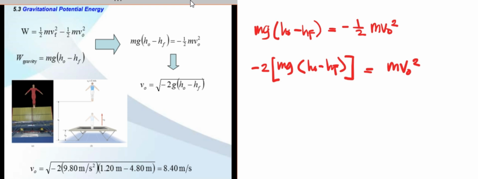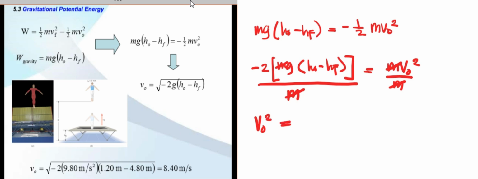So we need to divide this by m, divide this also by m, so the mass here will be cancelled. So what will remain in our equation is v sub O squared is equal to, simplifying this equation, negative 2g times the quantity HO minus HF.